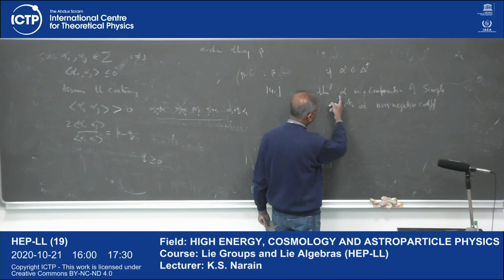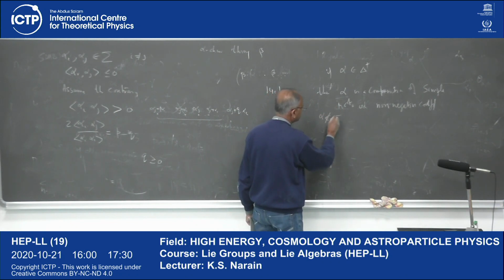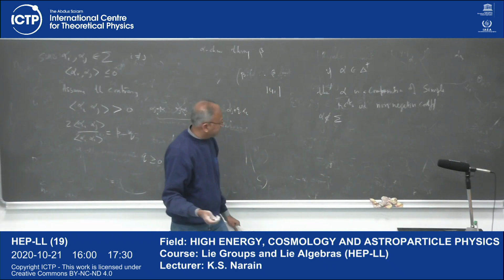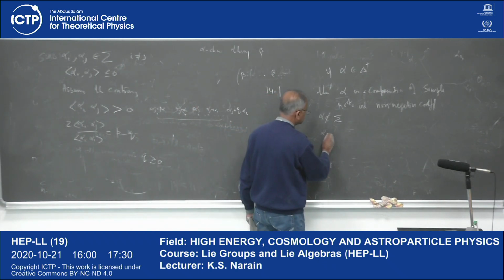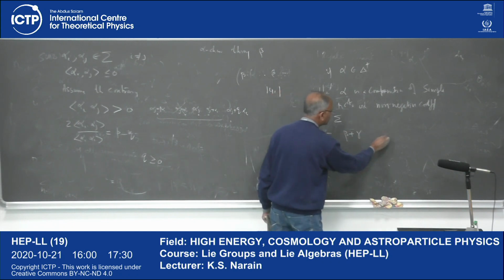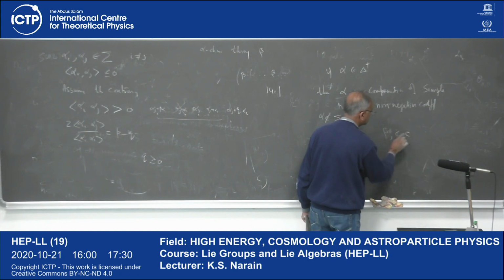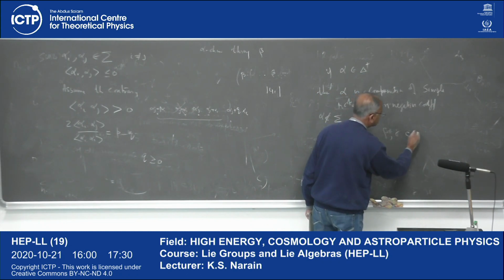If alpha is not in sigma, then by definition alpha can be written as some beta plus gamma, where both beta and gamma belong to the positive roots, delta plus.